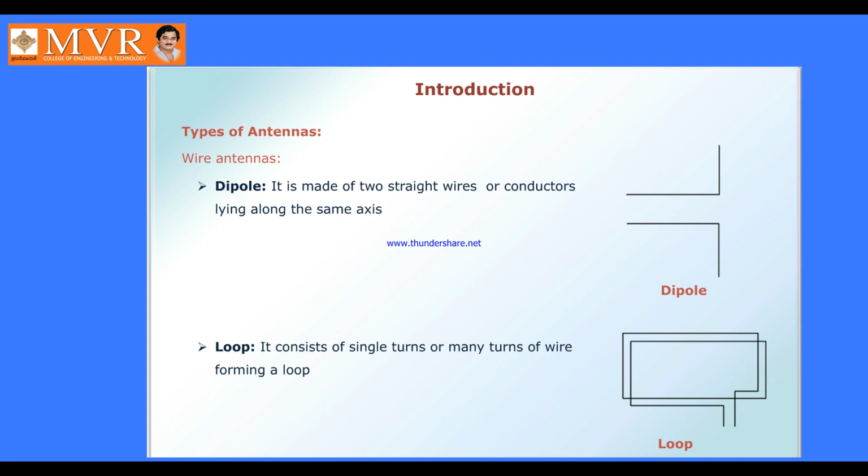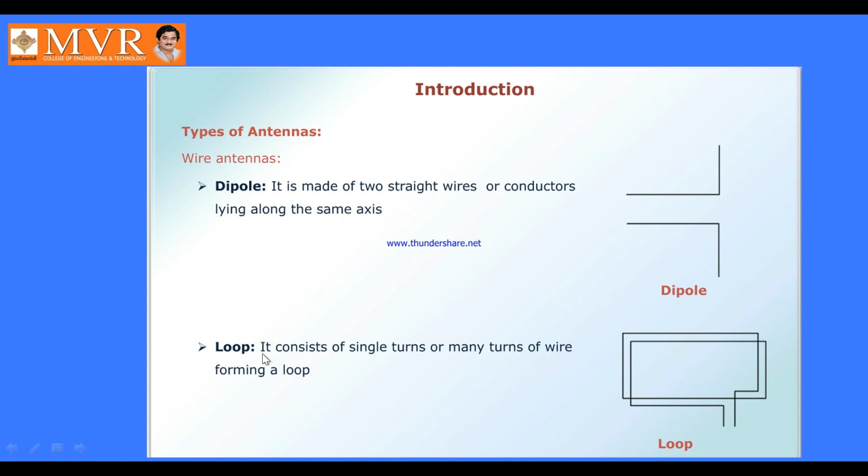The first one, the most popular, is a dipole antenna. A dipole means two polarities. If one is a positive pole, then the other is a negative pole. A dipole antenna is made up of two straight wires or conductors.